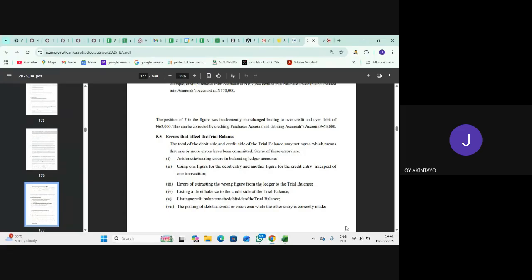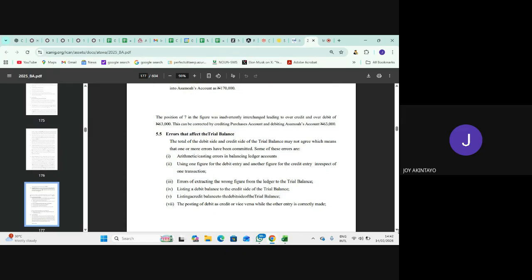Posting of debit as credit while the other entry is correctly made. You want to have a debit entry, you now post it as your credit entry, and likewise your corresponding entry, you post it to the credit side. So your trial balance will not be accurate.